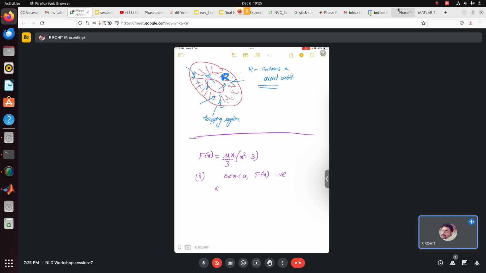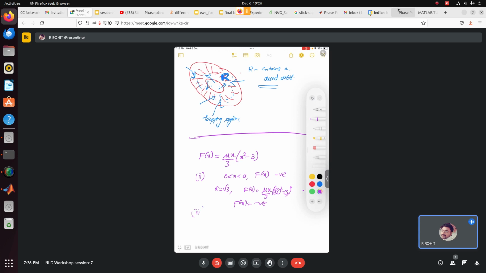So if you check here, if a is root 3, then your F of x is mu times x by 3 into (x square minus 3), for x between 0 and root 3. So if it is less than root 3, then x square will be a lesser value than 3. Eventually this will be a negative value. So F of x will be a negative value, so it satisfies the second condition.